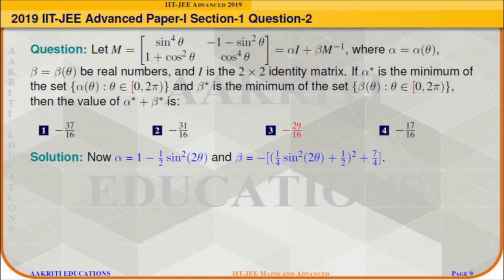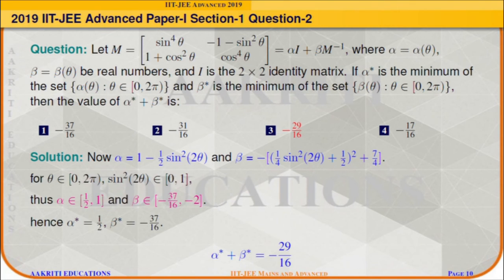Now we have obtained alpha as a function of theta, which is nothing but 1 minus half times sin^2 of 2 theta, and beta as a function of theta as minus of 1 by 4 times (sin^2 2 theta plus half) whole square plus 7 by 4.